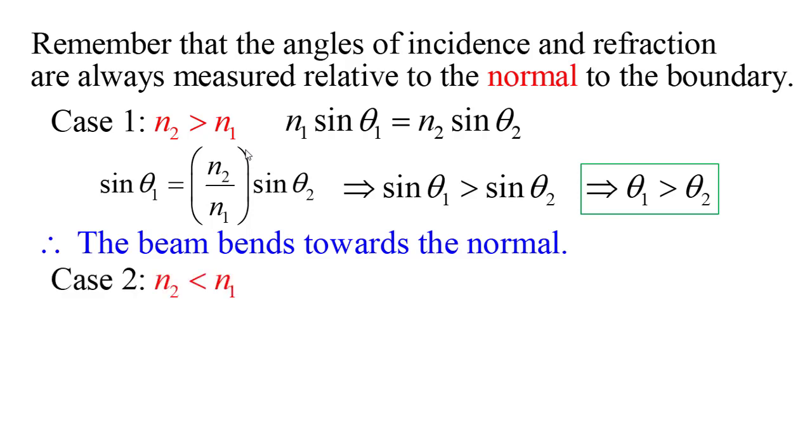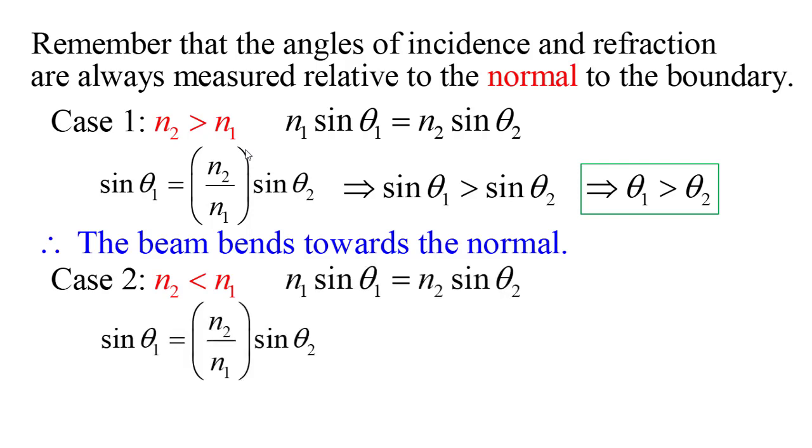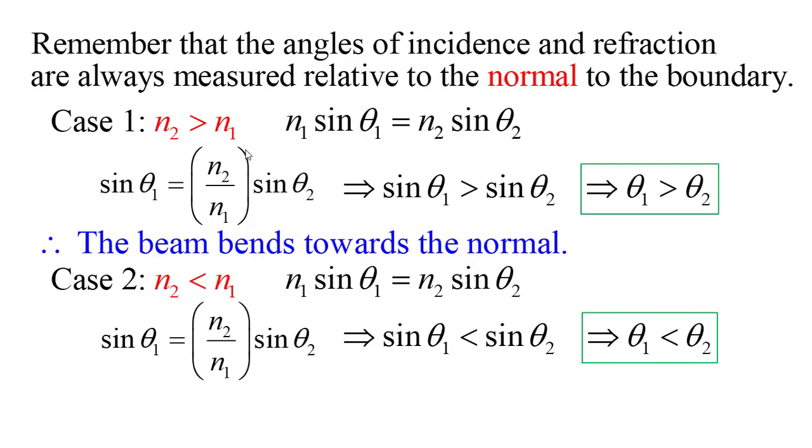The second case: if n2 is less than n1, n1 sine theta 1 is equal to n2 sine theta 2 is our Snell's law. Sine theta 1 can be written as the ratio of n2 over n1 times sine theta 2, and because n2 is less than n1, sine theta 1 is less than sine theta 2. This implies that theta 1 must be less than theta 2.